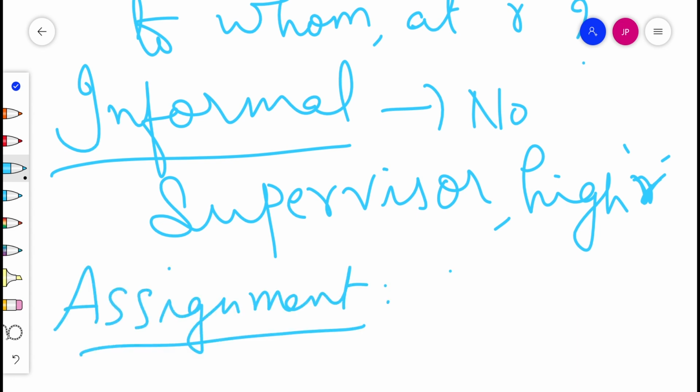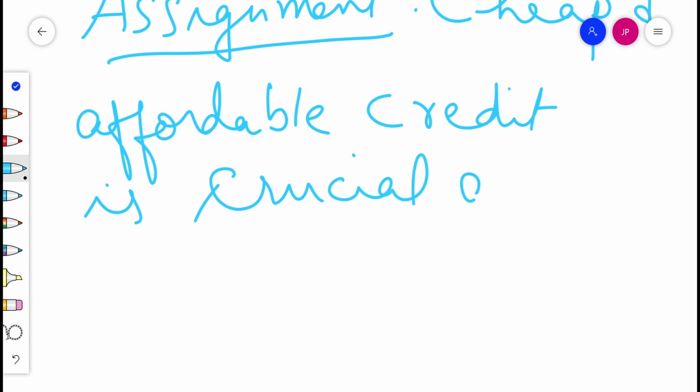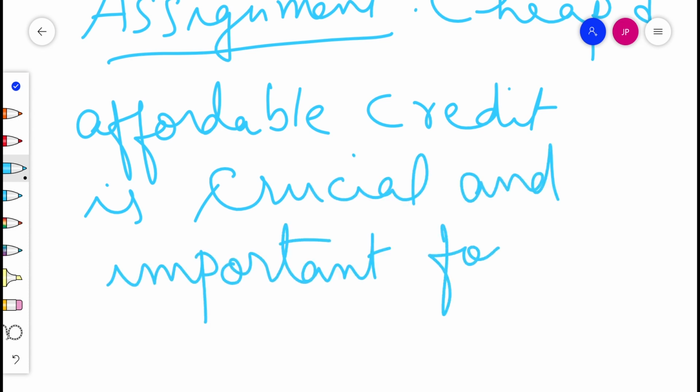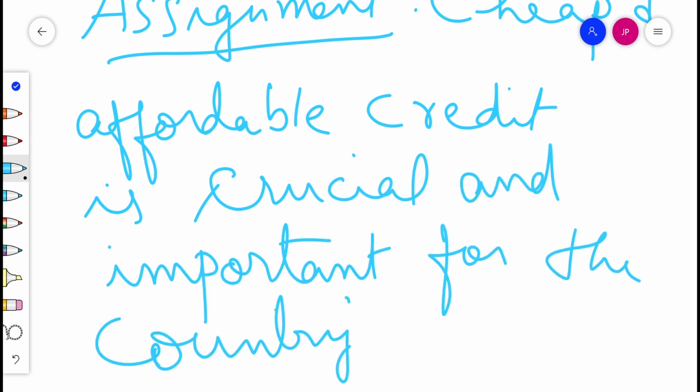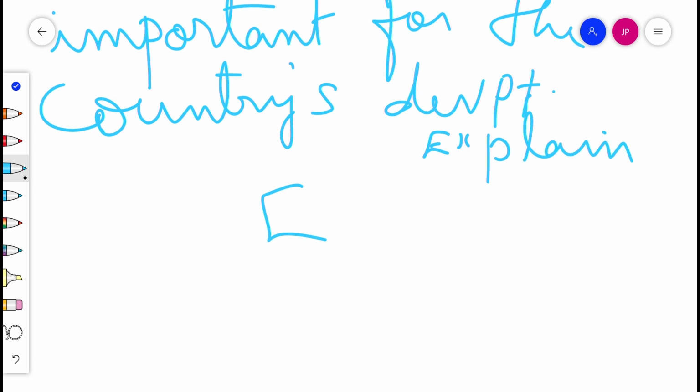So assignment: cheap and affordable credit is crucial and important for the country's development. Country's, with apostrophe s. Explain. Answer on page number 49, left side.